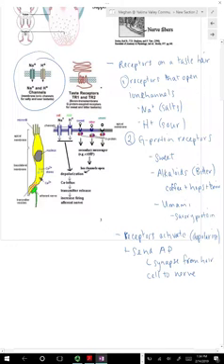From there, we go to the medulla, and then cross over in the thalamus.